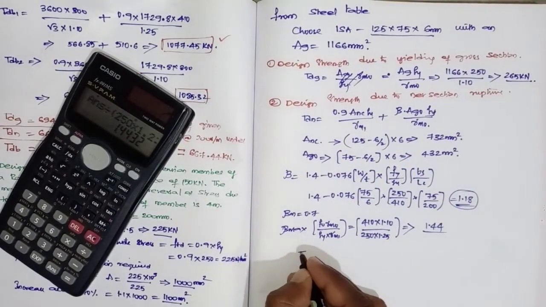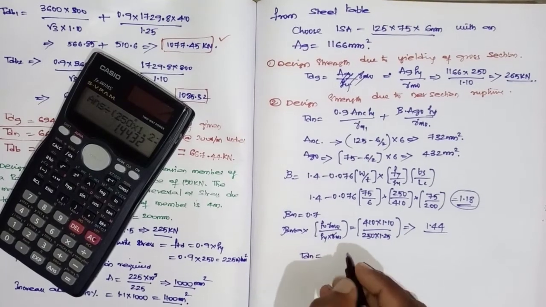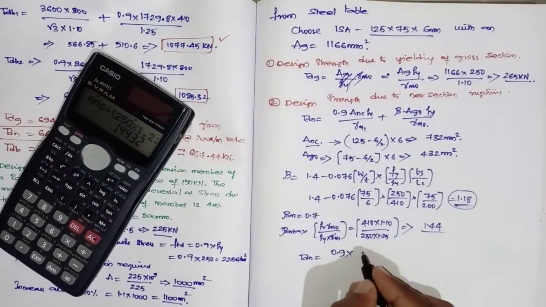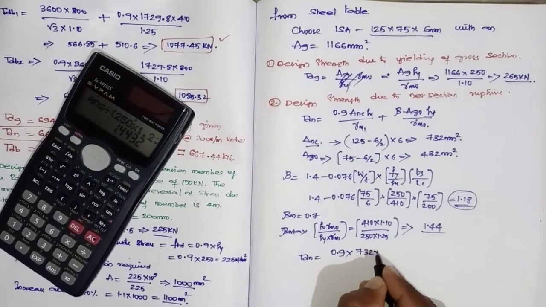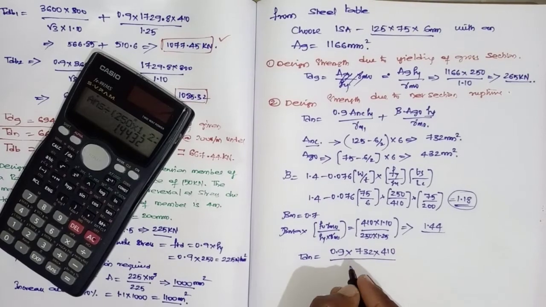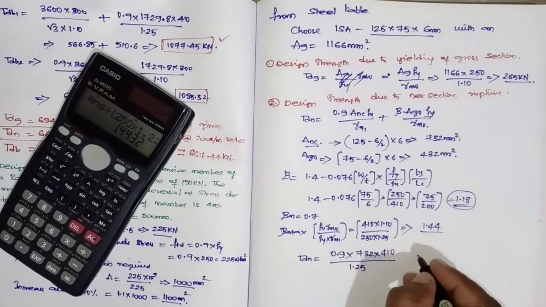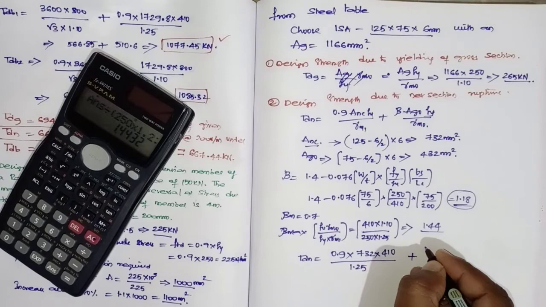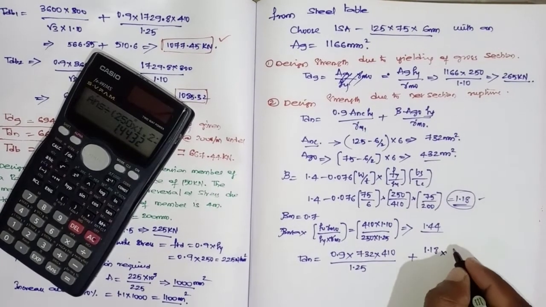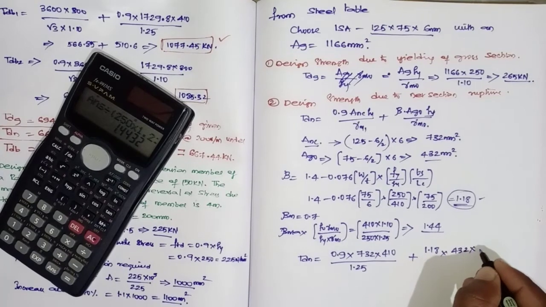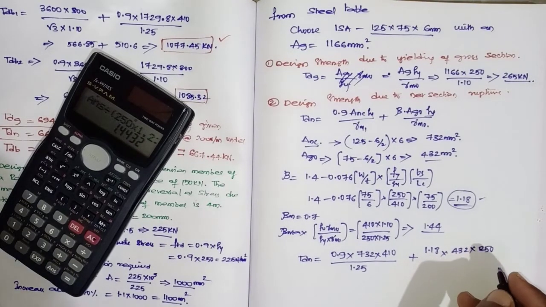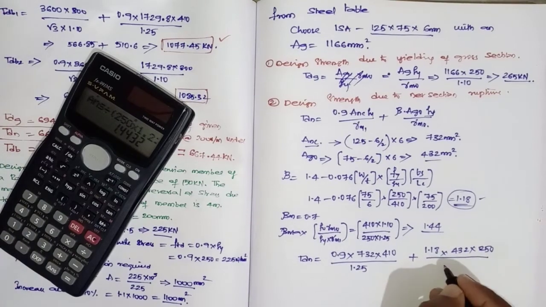So Tdn equals 0.9 into Anc, the connected leg, 732 into 410 divided by 1.25 for rupture, plus beta 1.18 into Ago 432 into 250 divided by 1.10.